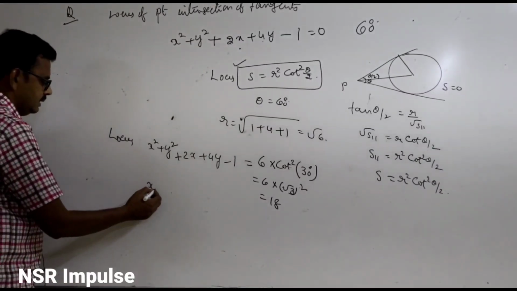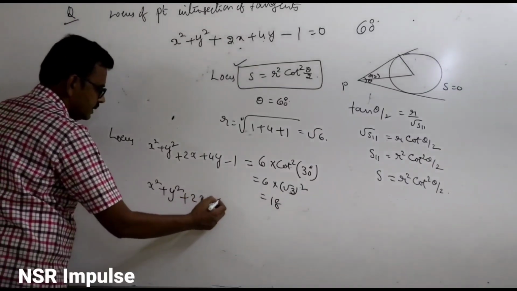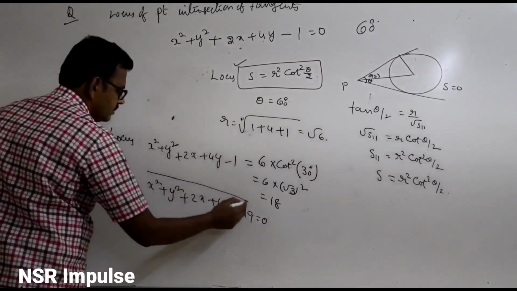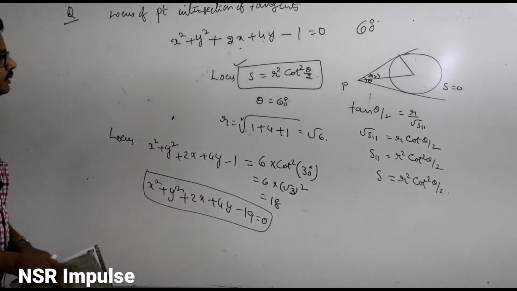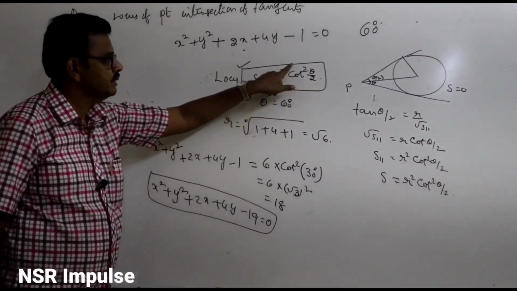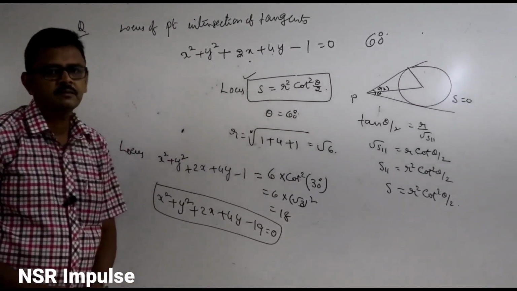Therefore, the locus is x square plus y square plus 2x plus 4y minus 19 equal to 0. This is the locus, which is very simple by using S11 equal to r square cot square theta by 2, where theta is 60 degrees.